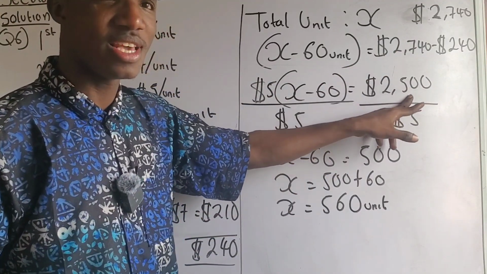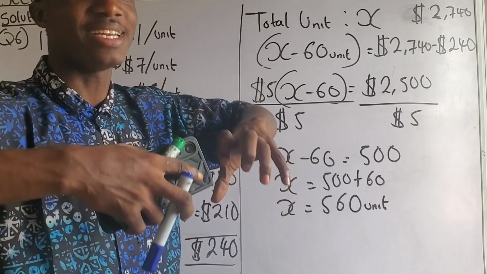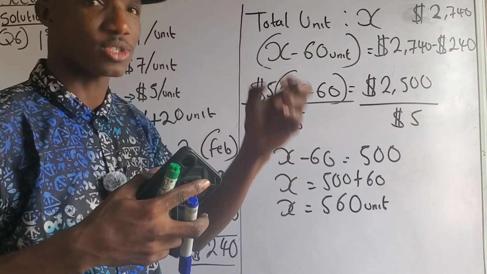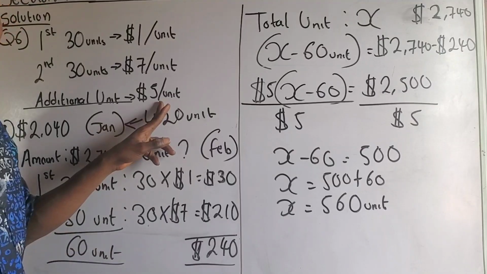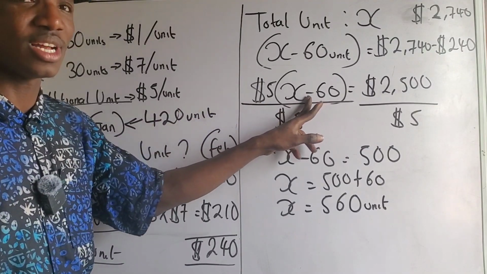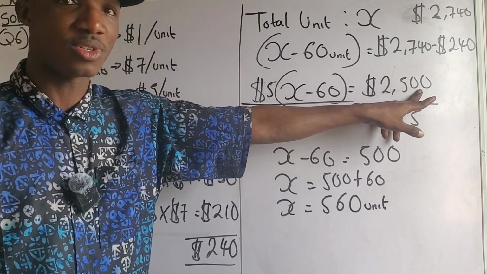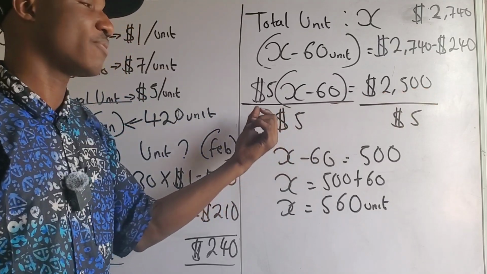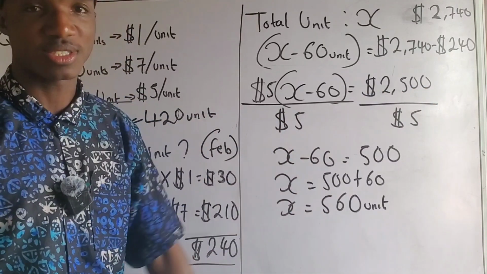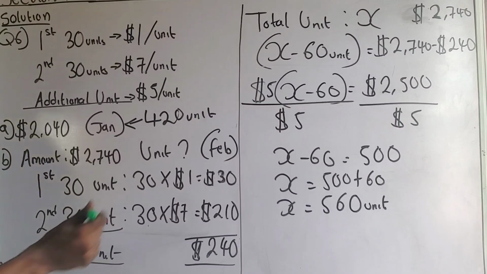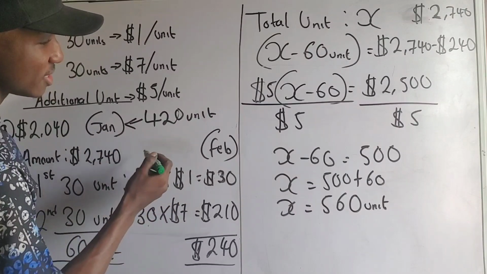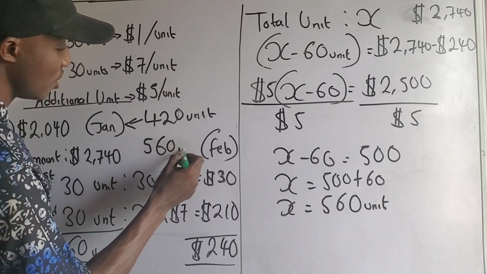This price that you see here is the product of the additional unit multiplied by the cost per unit. You understand? And the cost per unit for the additional unit is what? $5. So $5 multiplied by the additional unit that she consumed will give us $2,500. So I divide this by $5. I get the value of X as 560 units. So the answer here, the units consumed for the month of February is 560 units.